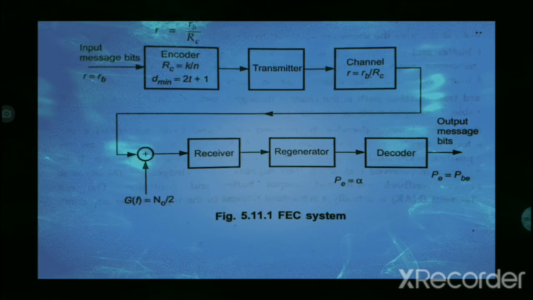For regenerator, P equal to alpha, detector P equal to BE. Input message bits R equal to RB, which will be given to the encoder input.